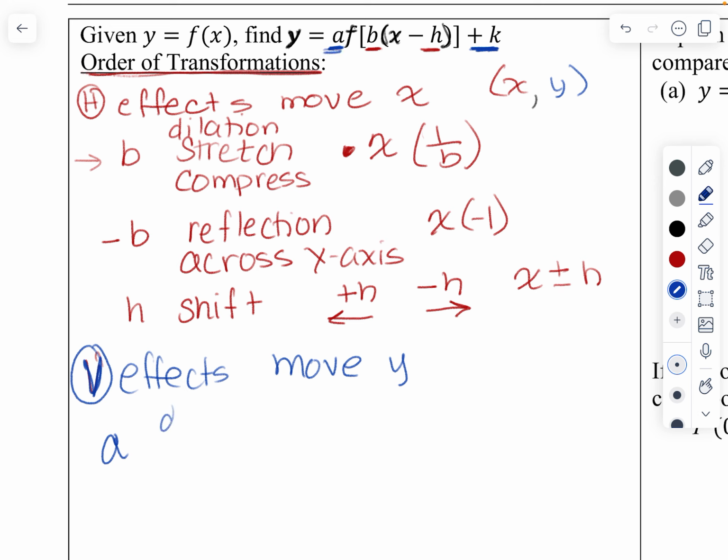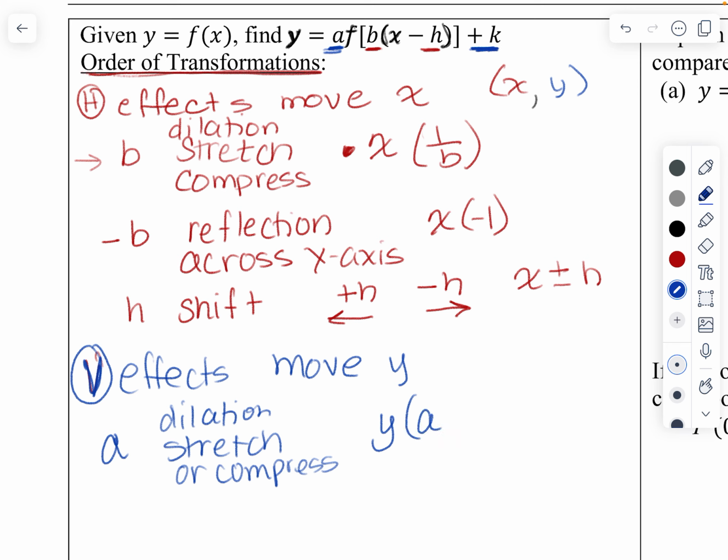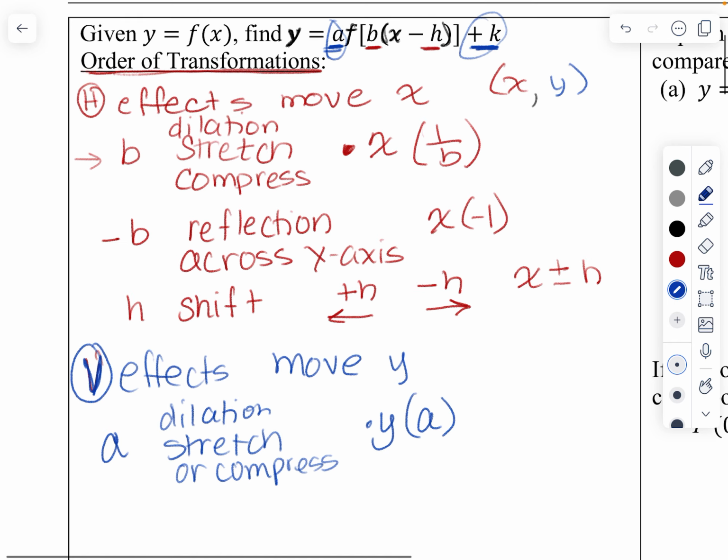That is also a dilation, which is a stretch or a compression based upon its factor. And so basically you're going to take your Y value and multiply it times A. You don't have to do opposite. Whatever the effect is vertically, whatever it says for A and whatever it says for K, that's exactly what you do to the vertical component, which is your Y component.